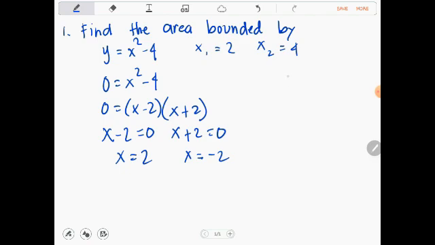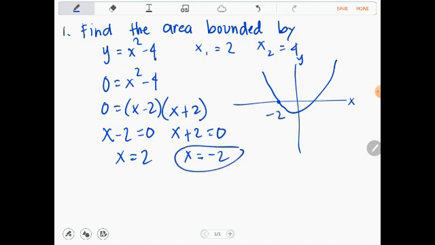Because our graph for this is like this. This is our x and y axis. Then we have this graph. So this is the negative 2, and the other one, positive 2, is here. What we are looking for is from positive 2 up to positive 4.